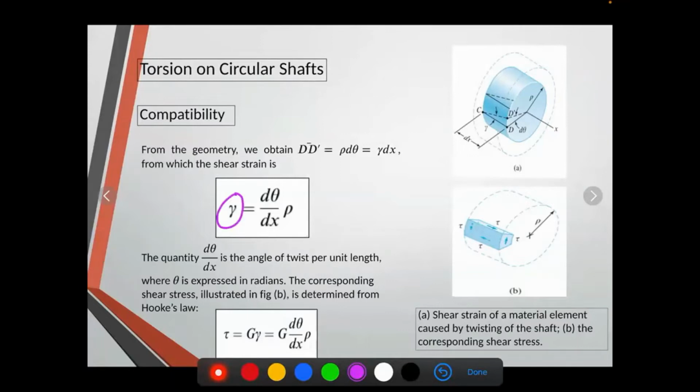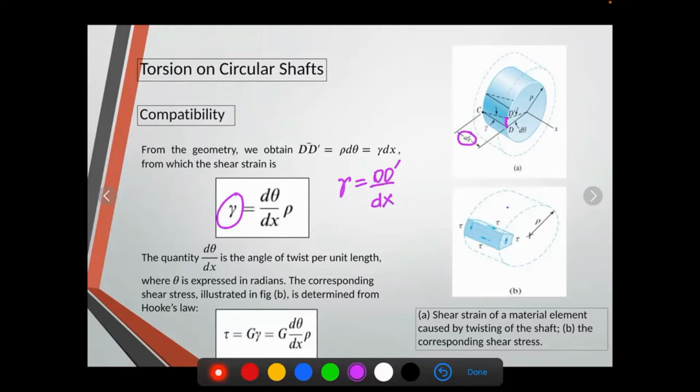Diba? The formula for strain is the deformation divided by the length. So, as you can see, kung isusulat natin siya manually, we have here the tangent of this distance, that is DD prime all over the length, which is your dx.